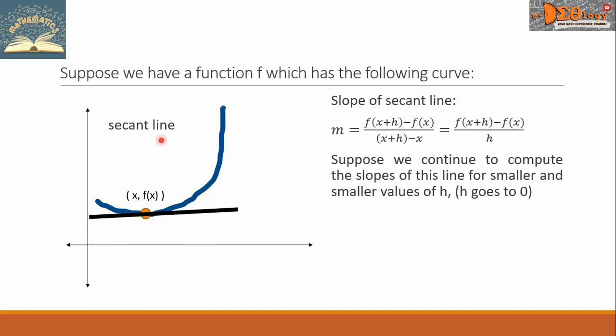And the previous secant line, we will now call it the tangent line. Now, with regard to the slope of the tangent line, we will write the limit of f of x plus h minus f of x all over h as h approaches 0.